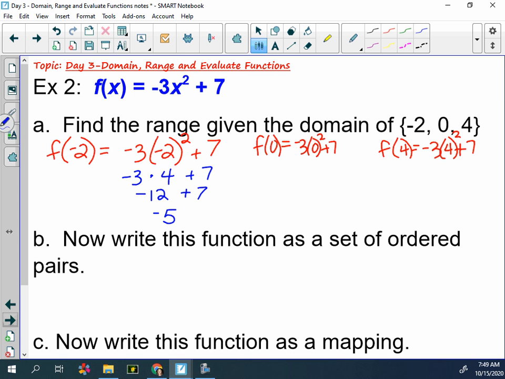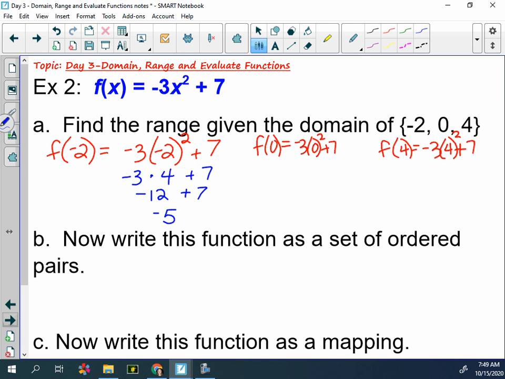It separates the negative from the 2 and rewrites it like this: -1 times 2 squared. Well, 2 squared is 4. Then it multiplies by the -1 it separated to get -4. When what you really want is to take the -2 and multiply it by another -2, and a negative times a negative is a positive.